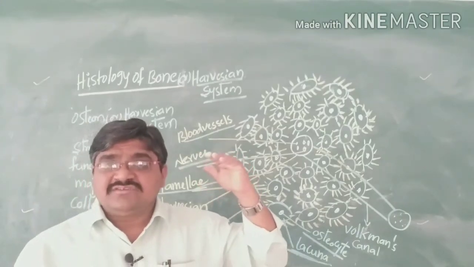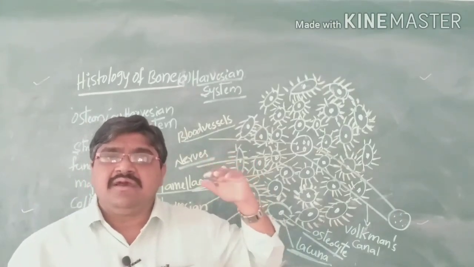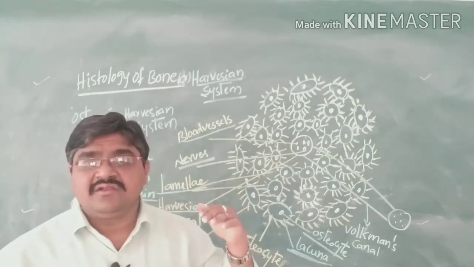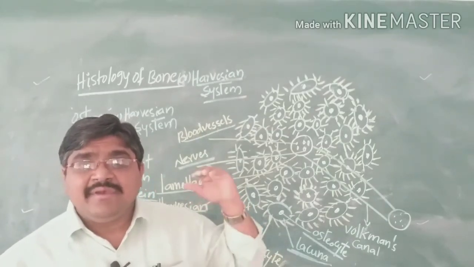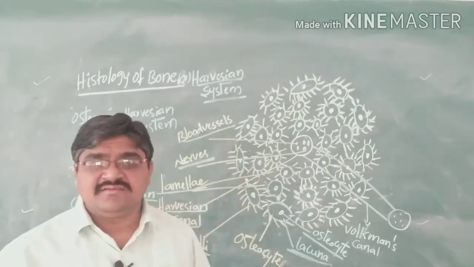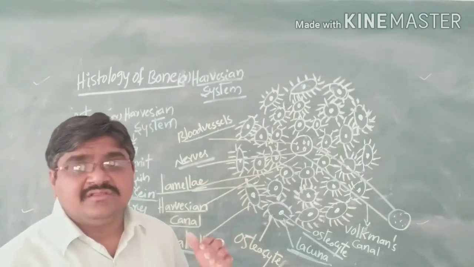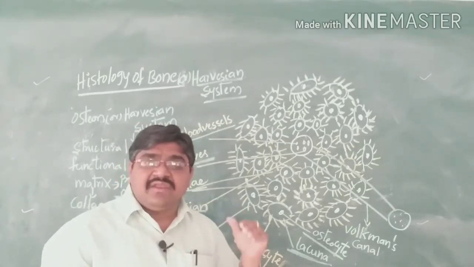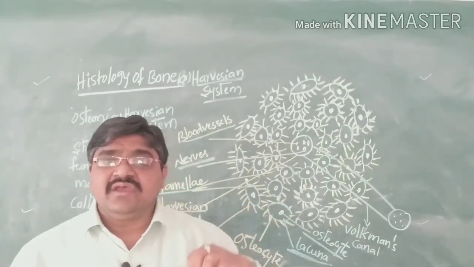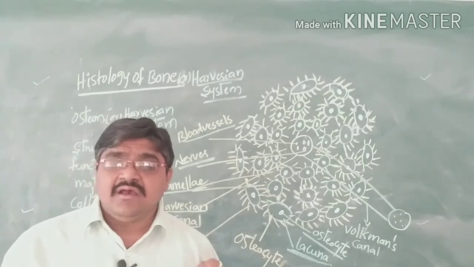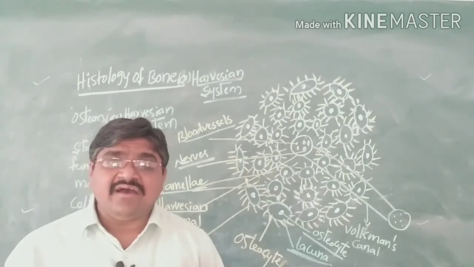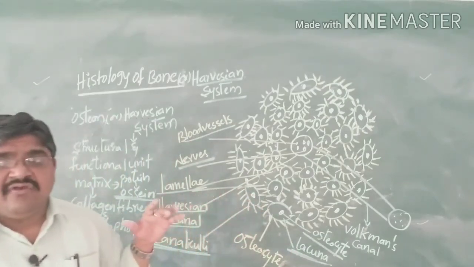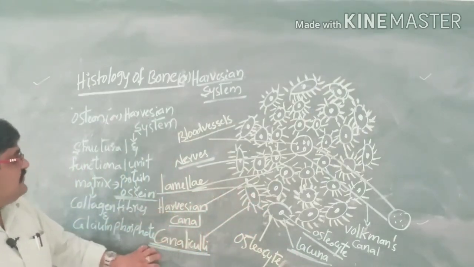The topmost layer surrounding the cartilage, which I earlier called the periosteum, is actually the perichondrium. The perichondrium is a vascularized tissue. From the perichondrium, blood passes to the cartilage. So cartilage is an avascular tissue. This is the structure of the bone.